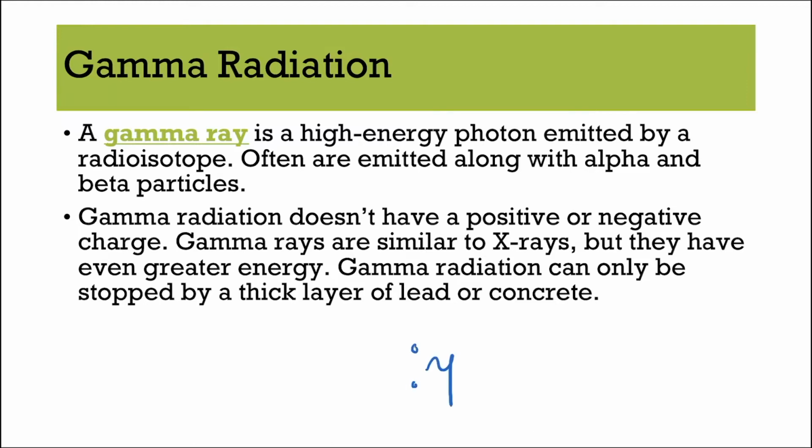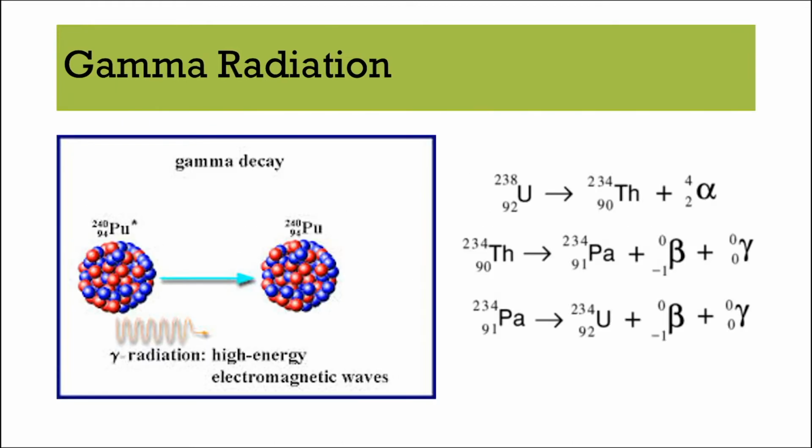Gamma rays are written as that Y shape with a 0 and a 0. There's no mass and no charge to it, it just exists. Here are 3 different examples of how gamma radiation looks in a reaction. And again, it will tell you if it goes through gamma radiation.